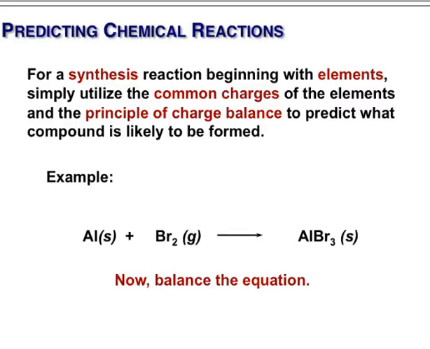I would start off by putting a 2 here. Now, that gives us 2 aluminums here, so we need a 2 out here. And we have 6 bromine atoms. We need 3 moles of Br2. Any questions?